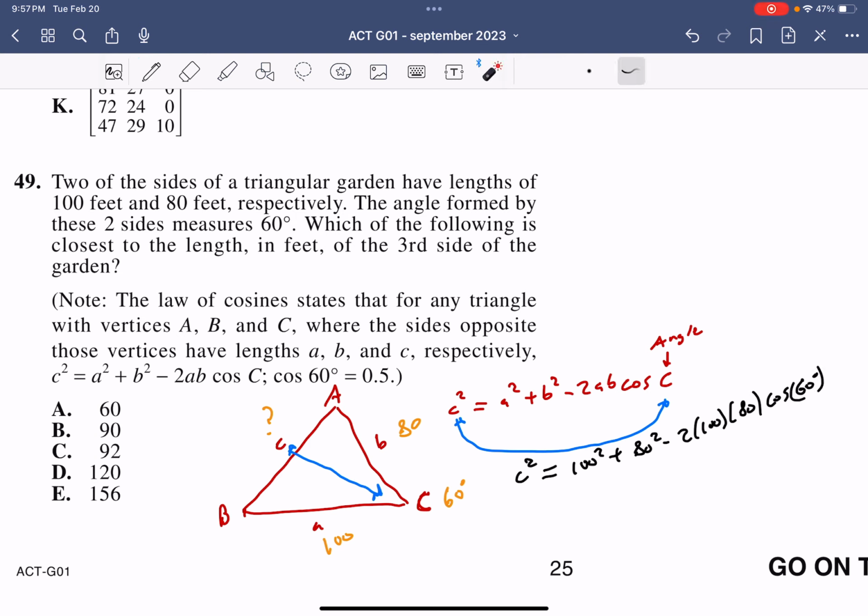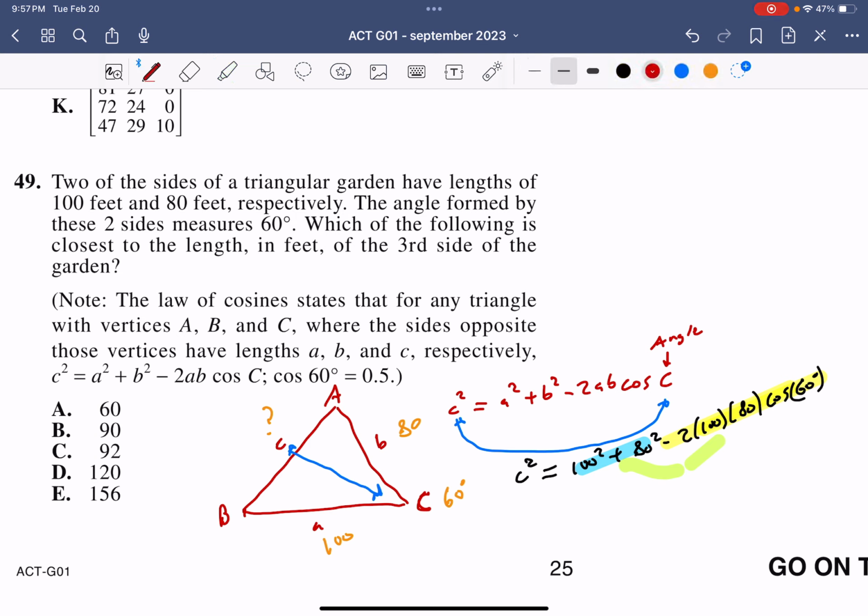First make sure that you're in degrees and not in radians. If you punch it all in at one time, you might run into trouble because you're not using the right number of parentheses. So I would do this part first, this part second, and then combine those two answers to make it easier on yourself.